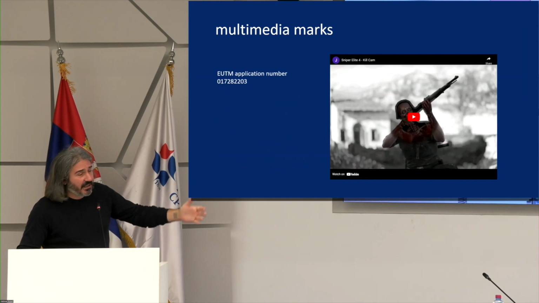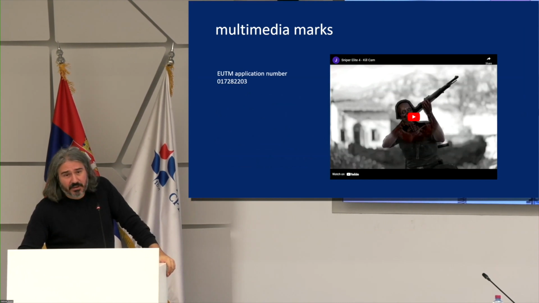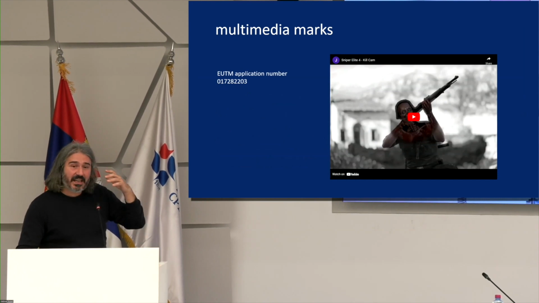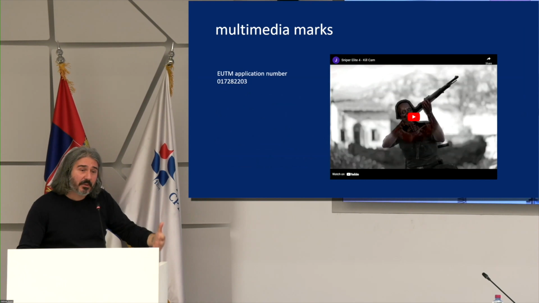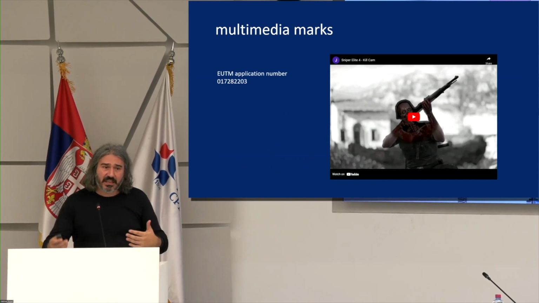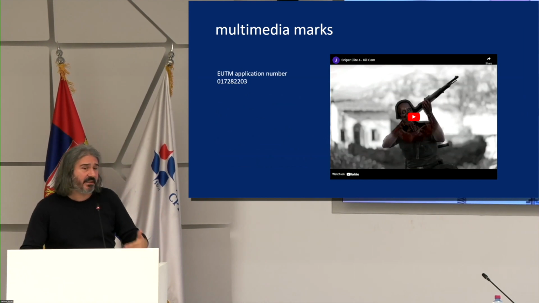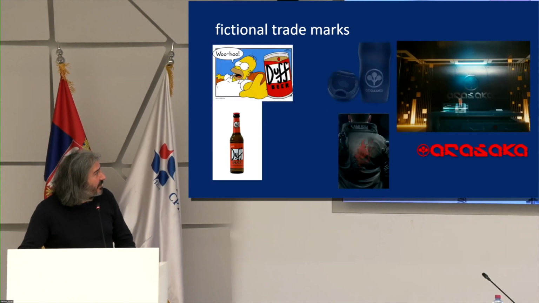This is a trademark application at the EU Trademark Office. It's not going to be granted, but it's one of the first examples that shows that you can actually use the audiovisual element of your video game as a trademark. This is very distinctive, and this is what I want to use to have your video games recognized.